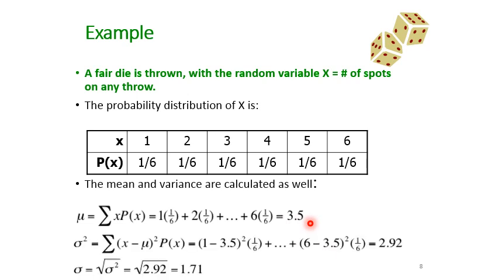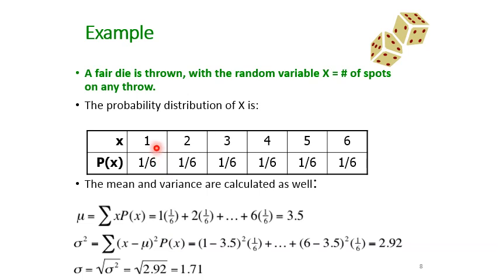As for the variance of the number of spots, we will use the rule of the variance of any discrete distribution. This is summation (x minus mu) all squared times p(x). So let's apply this on the previous table.